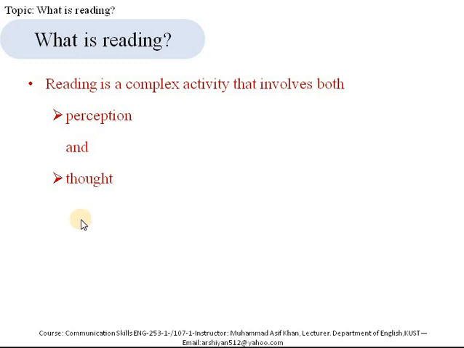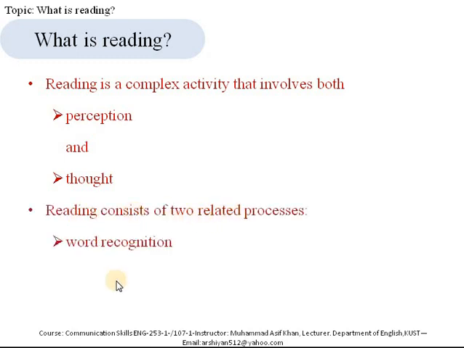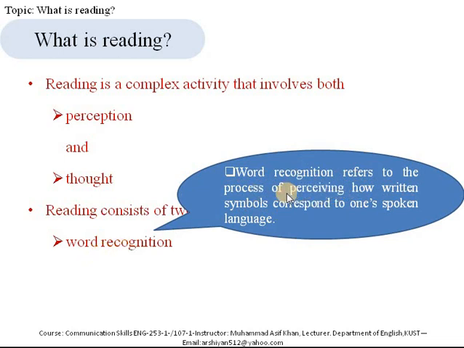So it consists of two related processes. The first one is word recognition, and it refers to the process of perceiving how written symbols correspond to one's spoken language. What we are doing is relating the written symbols with our spoken language.